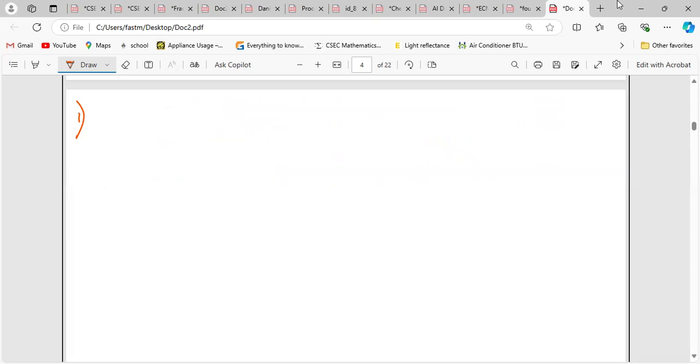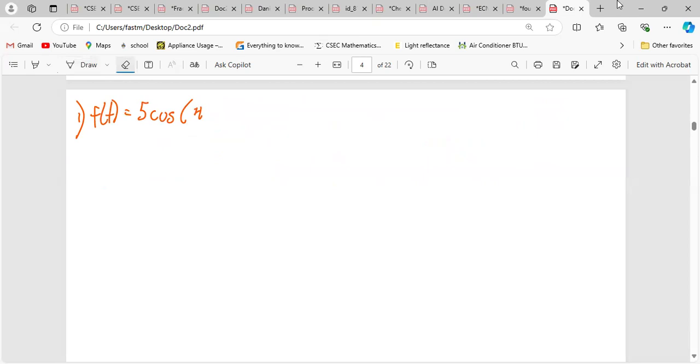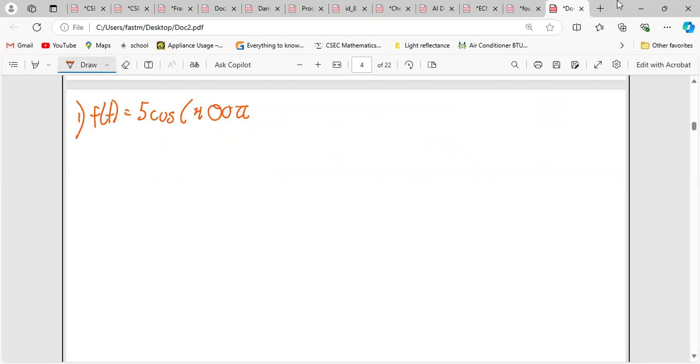Right, but anyway, let's start. It's that easy. Remember the concepts, and we'll go through. Very easy. So we have 5 cos(400 pi f naught t plus 90 degrees).